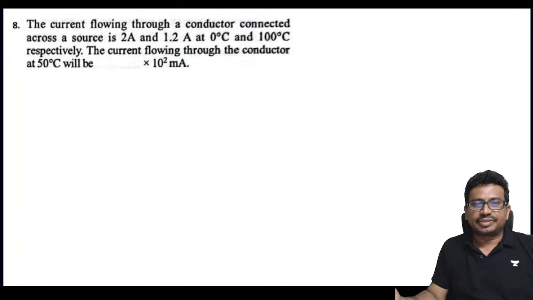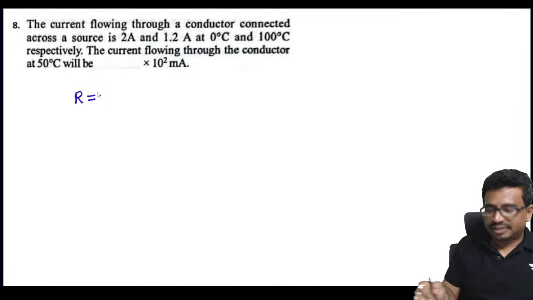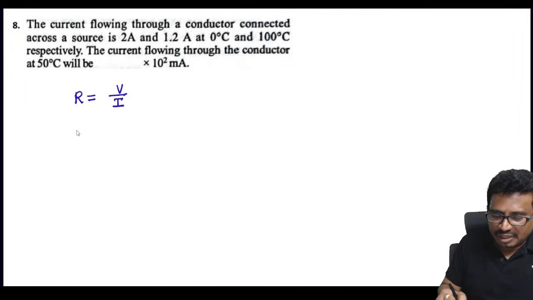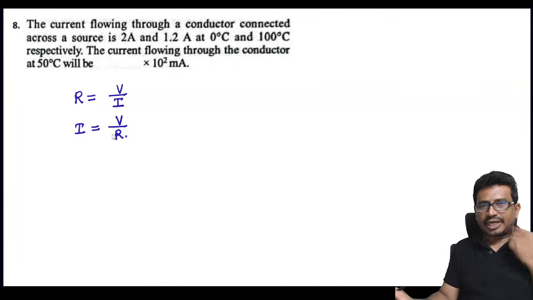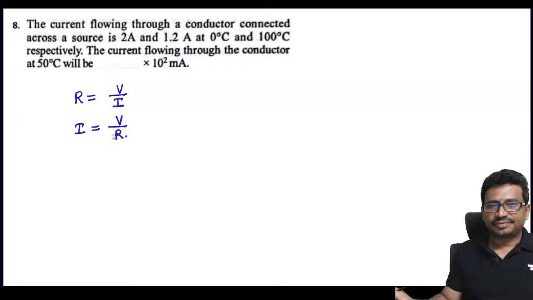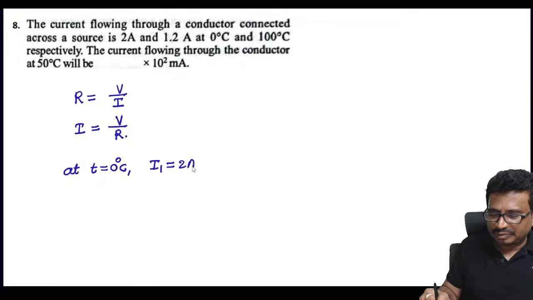It is connected to a fixed source, and the resistance is given as V by I, so I is equal to V by R. At 0 degrees the resistance is R naught, and we have the current I1 at T equal to 0 degrees Celsius, which is 2 amperes.